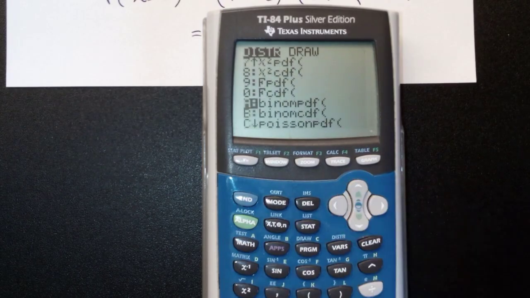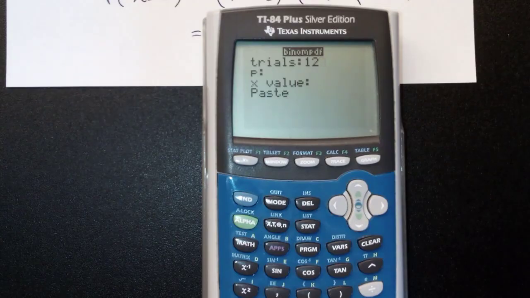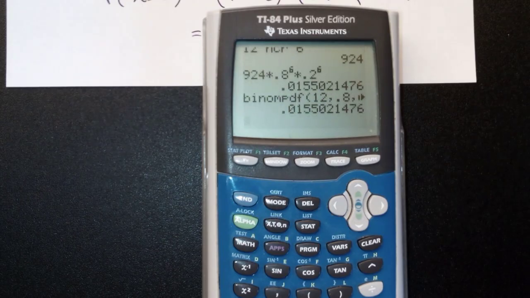Ah, binomial. I hit enter. How many trials am I doing? I was doing 12 trials. Chance, right? The p is the chance. 0.8 was my chance of success, and I wanted 6 successes. It did the work for me.